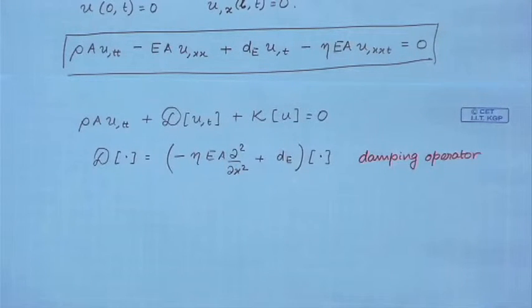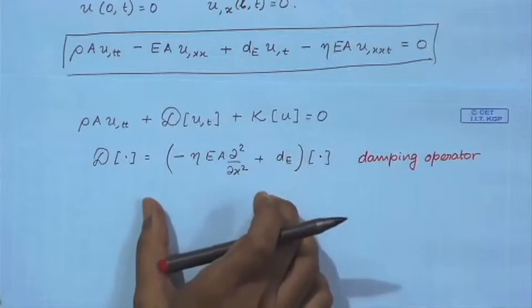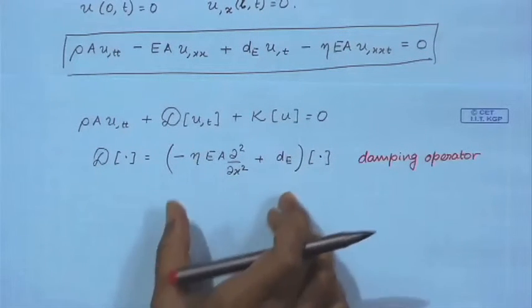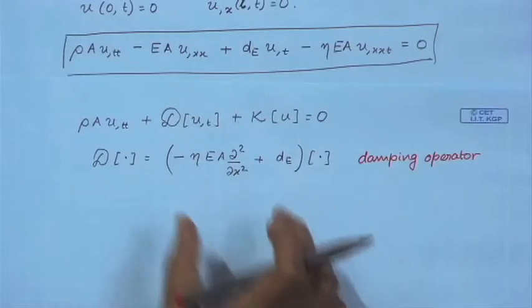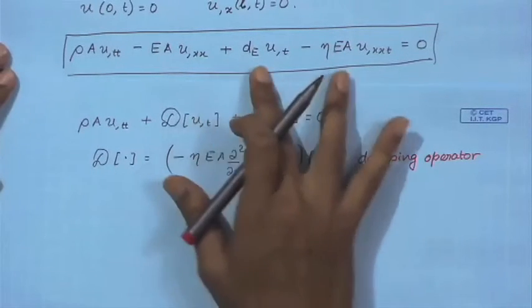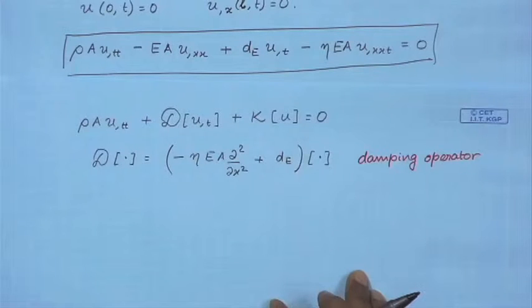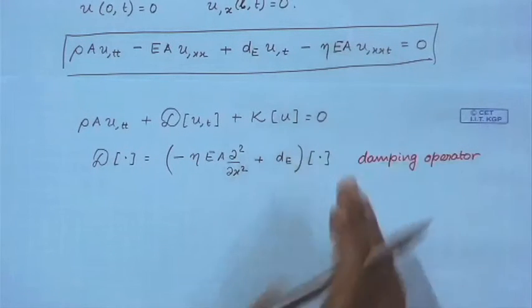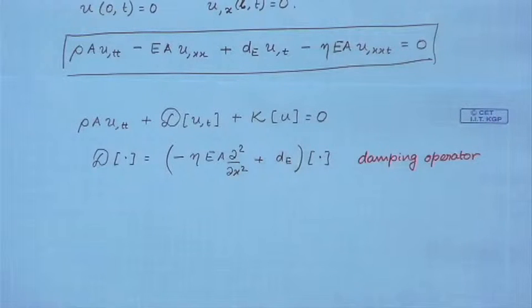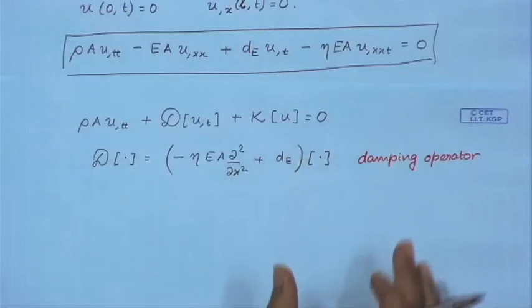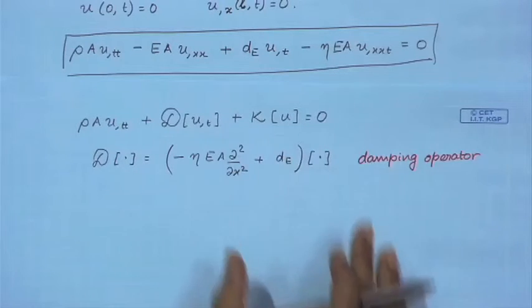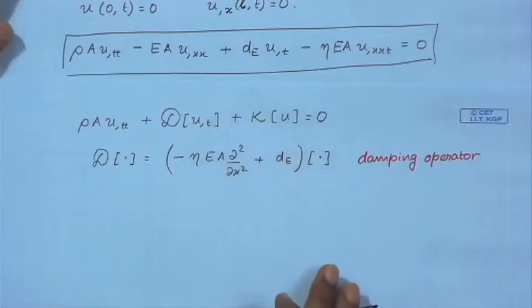Now, let us first see that these terms that we have considered indeed lead to dissipation of energy, because as yet we have just introduced these terms, we have not checked whether they really lead to dissipation of energy.